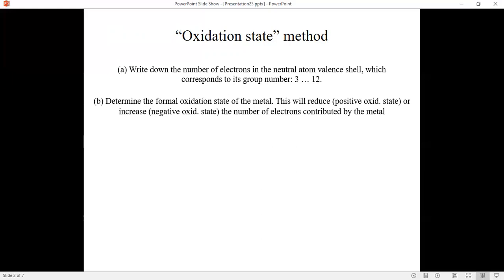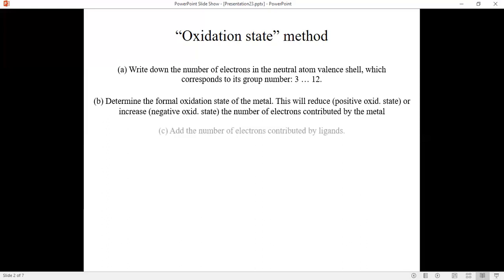That will reduce the number of valence electrons if the metal has a positive oxidation state, and that's mostly true, but not always so. In some cases, the metal can also have a negative oxidation state, and if this is so, then we add electrons.